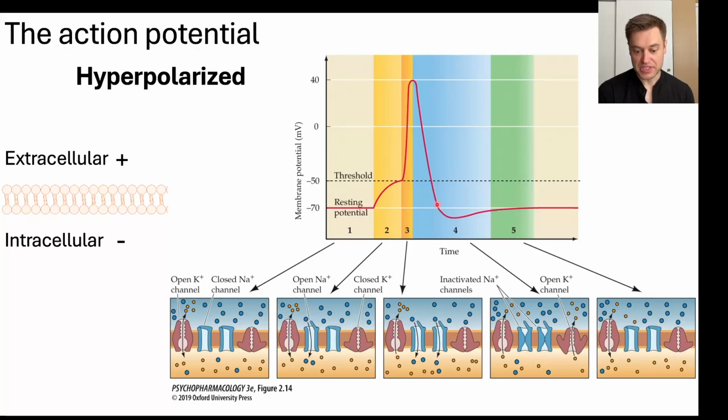What also happens here at the top of this action potential is that the sodium channels are inactivated. So we can see that here. The sodium channels are closed and the sodium can no longer flow through because the ionophores have again changed their conformation, resulting in the passageway being closed.